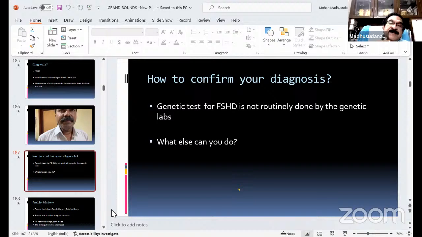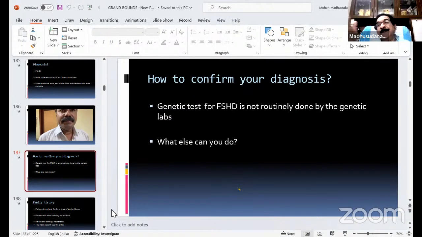In rhomboids, just like trapezius, the fibers arise from the midline spinous process and go to the medial part of the scapula. Rhomboids also do the same thing, but the direction of fibers is different. In rhomboids, the fibers go down and laterally, whereas the middle fibers of trapezius go up and laterally.